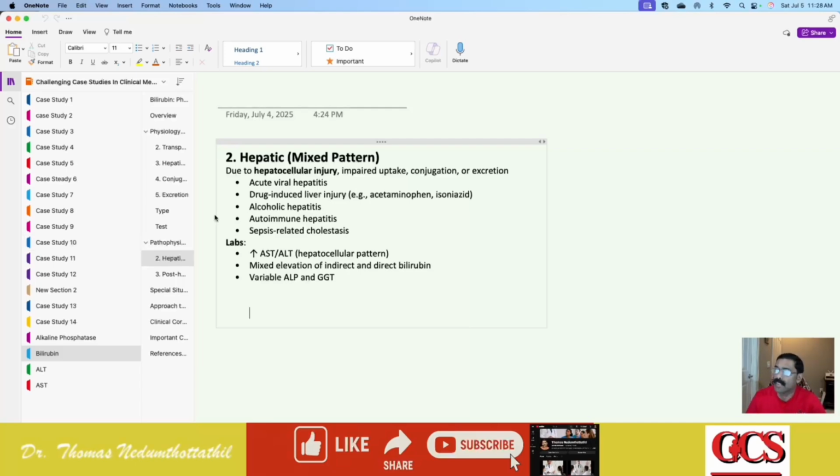Characteristic laboratory findings include elevated AST and ALT, mixed elevation of indirect and direct bilirubin, and variable elevations in alkaline phosphatase and GGT.